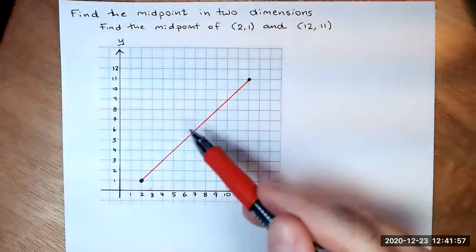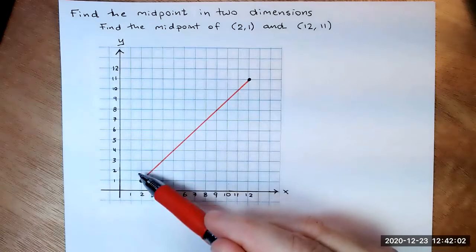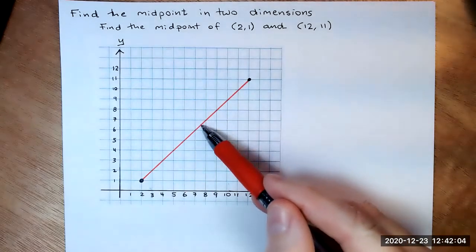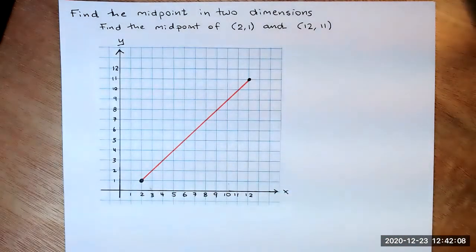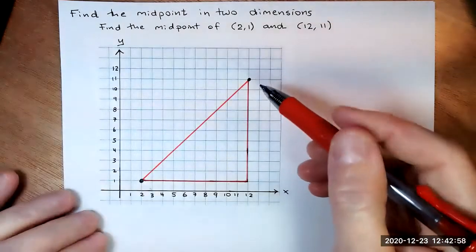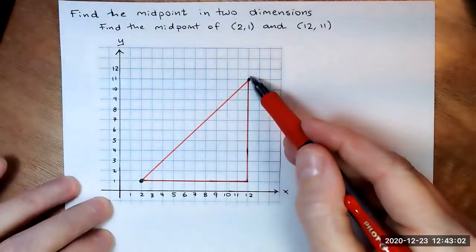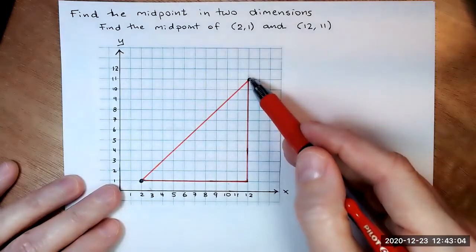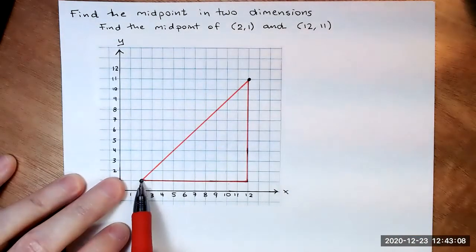So the midpoint, the point in the middle of these two, will be someplace along this line, halfway. Now let me draw some other lines that'll help you visualize how we're going to find it.